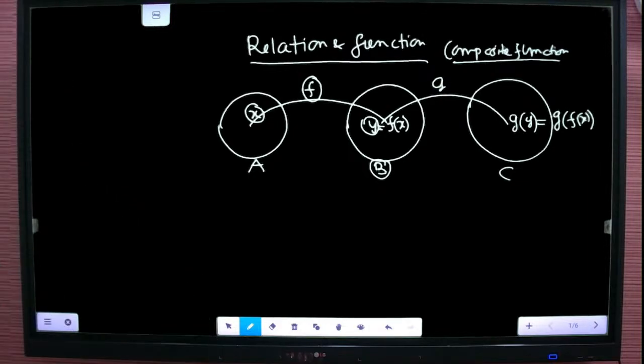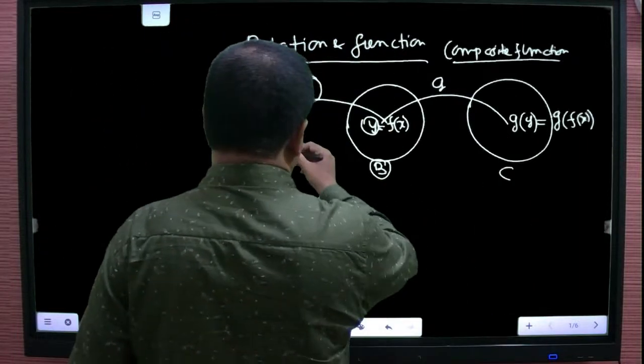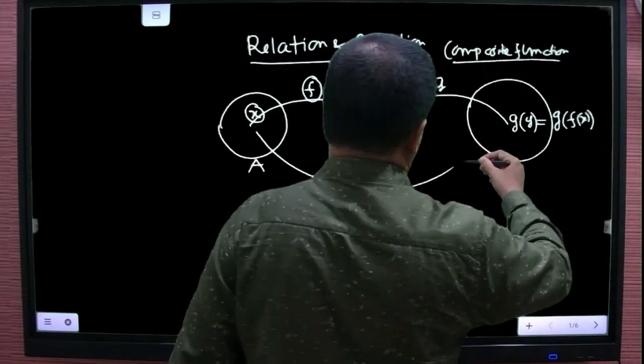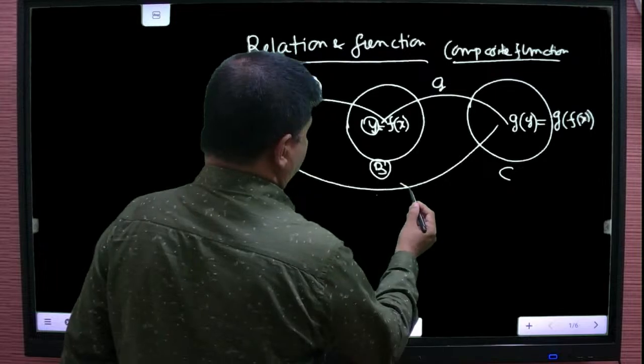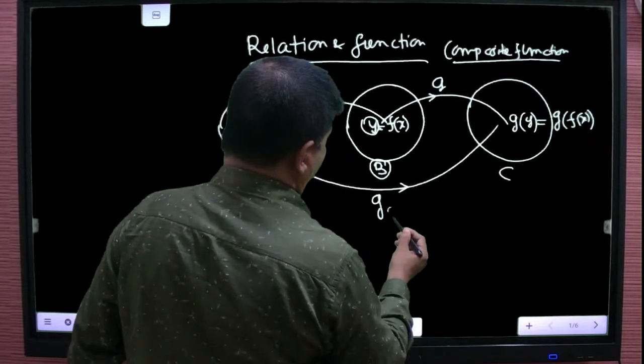Now actually what has happened? Composition of two functions, that is g o f.